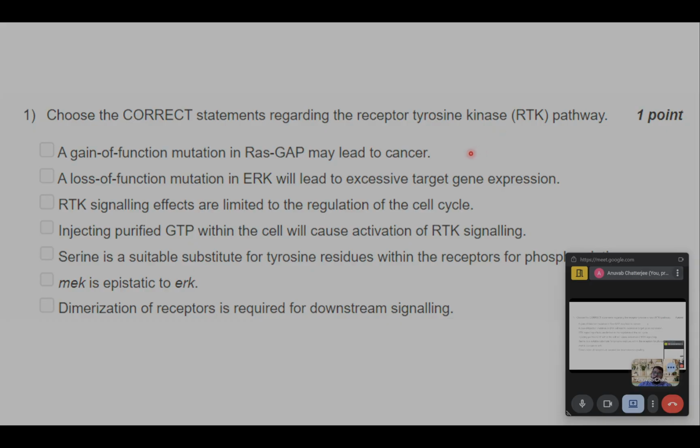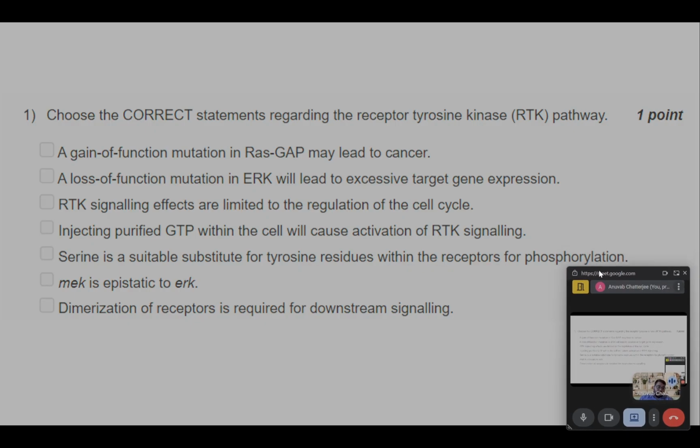The options are: a gain of function mutation in the RAS GAP may lead to cancer, a loss of function mutation in ERK will lead to excessive target gene expression, RTK signaling effects are limited to regulation of cell cycle, injecting purified GTP within the cell will cause the activation of the RTK signaling, serine is a suitable substitute for tyrosine residues within the receptor for phosphorylation, MEK is epistatic to ERK, and dimerization of receptors is required for downstream signaling. So this is a more than one correct kind of a question.